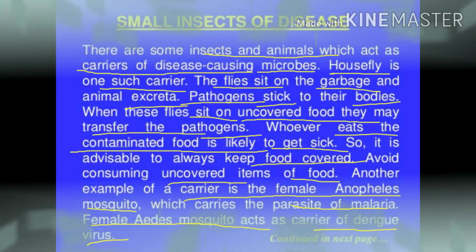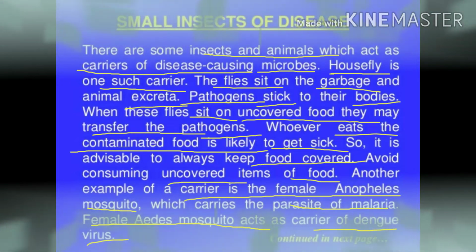How do houseflies act as disease carriers? First, the housefly sits on the garbage and animal excreta. Garbage is nothing but any spoiled food or animal dung. It contains many kinds of pathogens, meaning disease-causing microorganisms. Those microorganisms stick to their bodies.